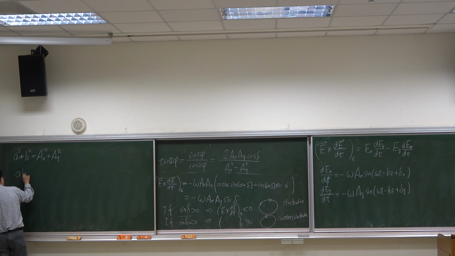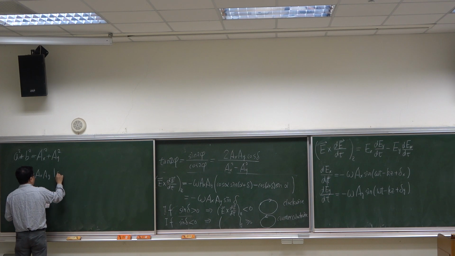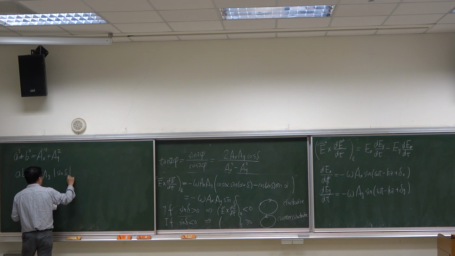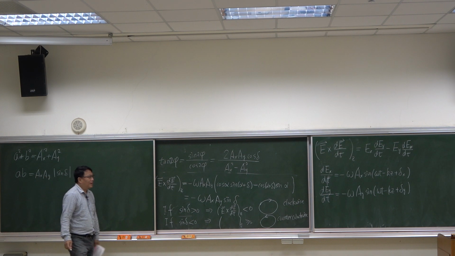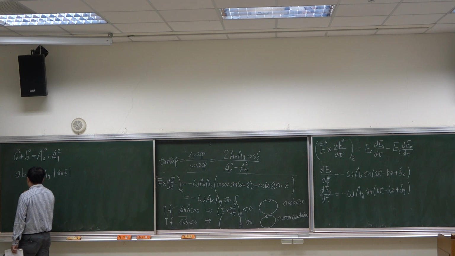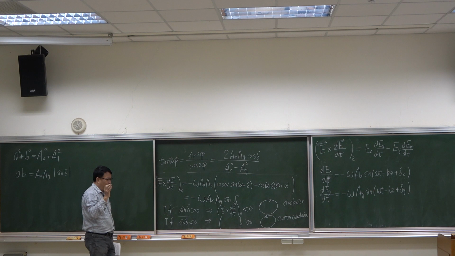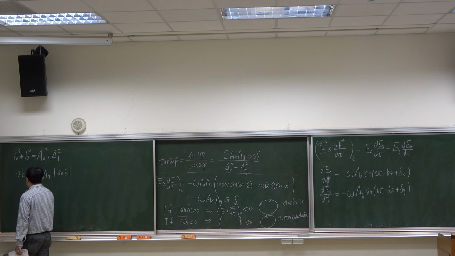And a times b is equal to ax ay times the absolute value of sine delta. This relation is obtained by taking the determinant of both sides of this equation.